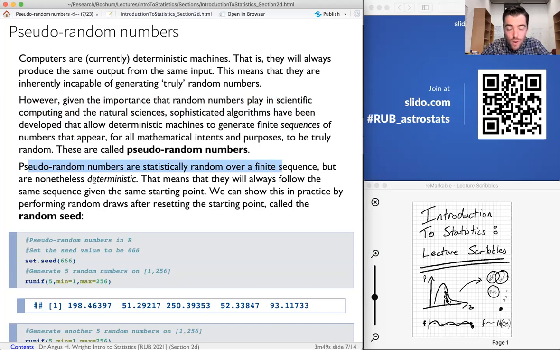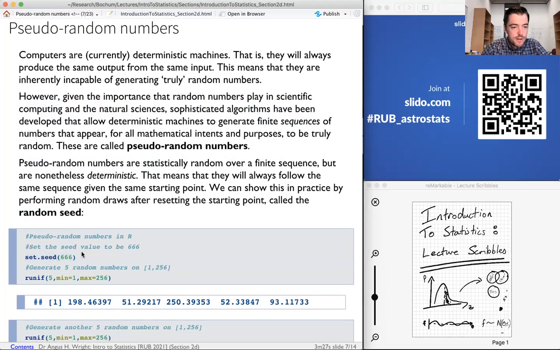So the way in which we can demonstrate that is because in practice, in order to create these sequences of random numbers, we have to specify a starting point because the machine is deterministic. That starting point is what we refer to as the random seed. So I can set a random seed to be 666, totally random number.